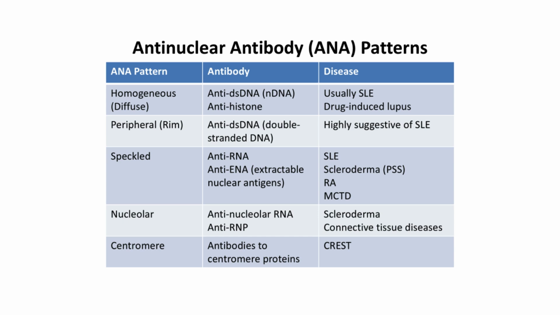It is characteristic of scleroderma and connective tissue diseases. Centromere pattern. Here, antibodies are directed against proteins in the centromere of chromosomes. This is strongly linked to CREST syndrome. This table helps clinicians interpret ANA patterns in the context of autoimmune diseases.